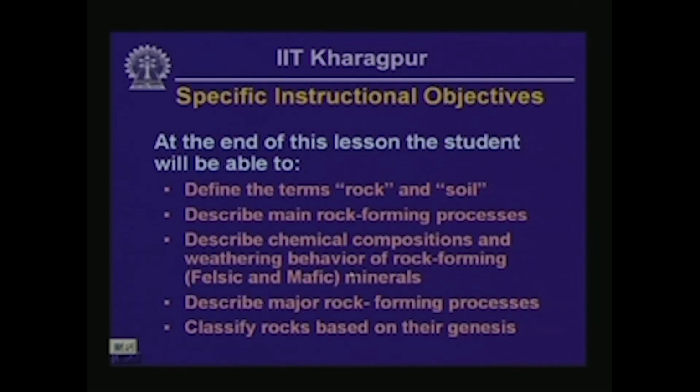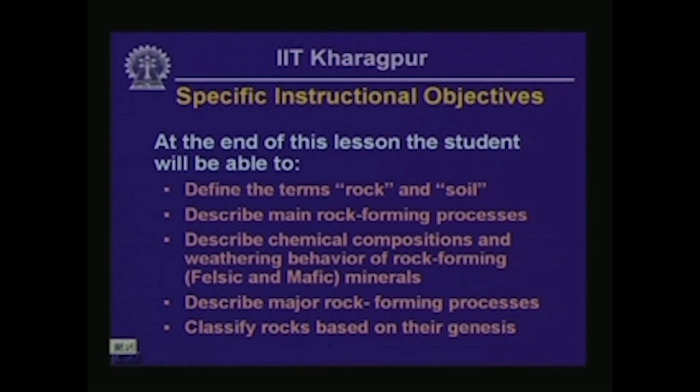Now we move on to the subject matter of today's presentation. What we would learn in this particular lesson is as follows. After we finish the lesson today, we will be able to define the terms rock and soil.